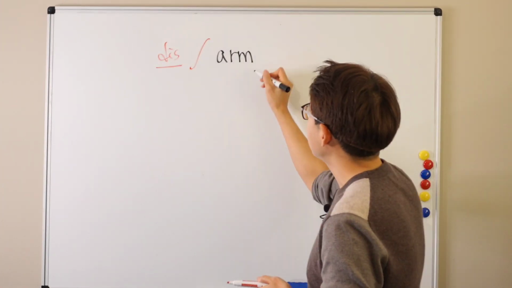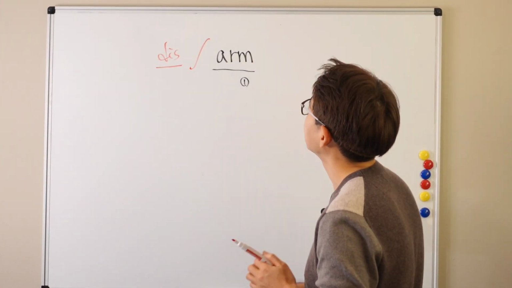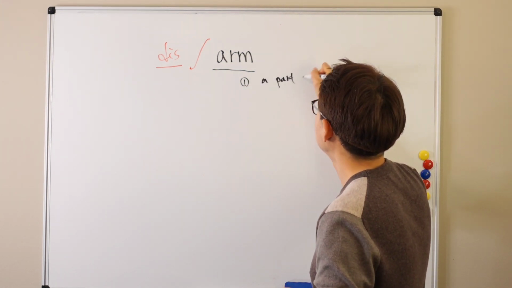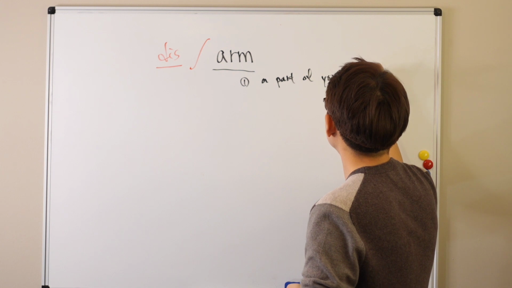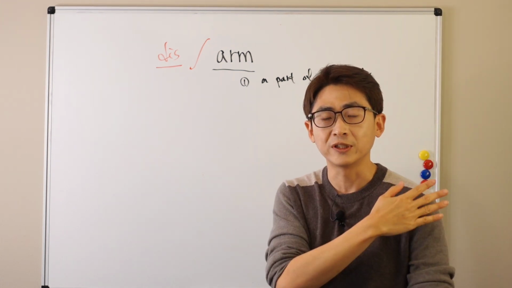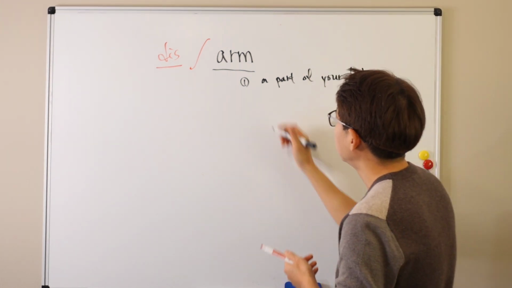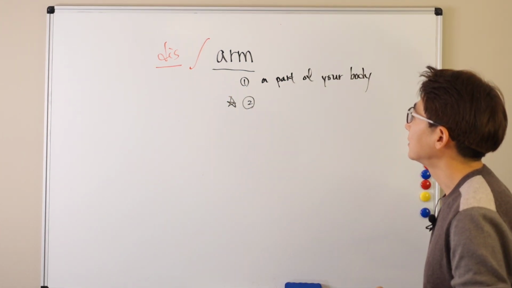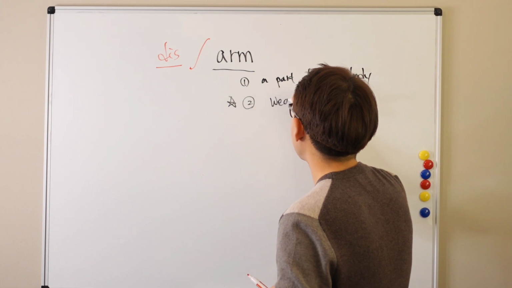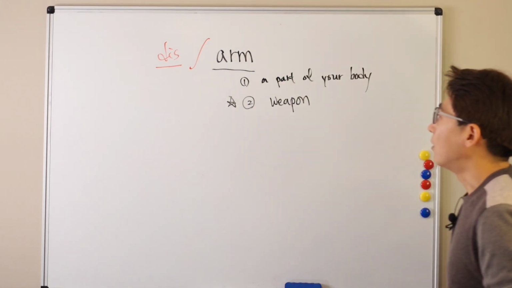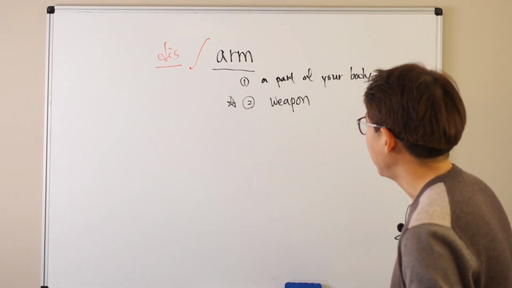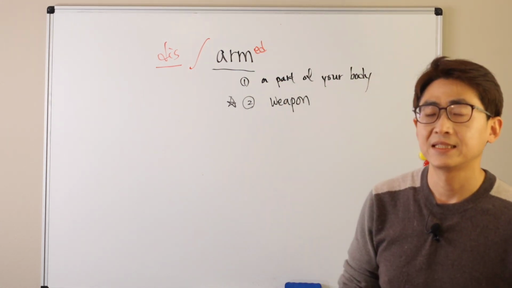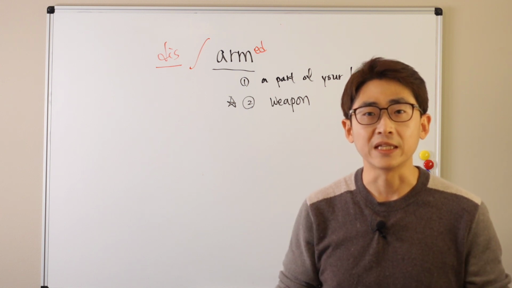Because this word arm has many different meanings, and one of them is obviously a part of your body that is attached to your shoulder. Okay, and this meaning is super important, and it means weapon. So arm means weapon, and armed means weaponized. That means you have weapons on your body.